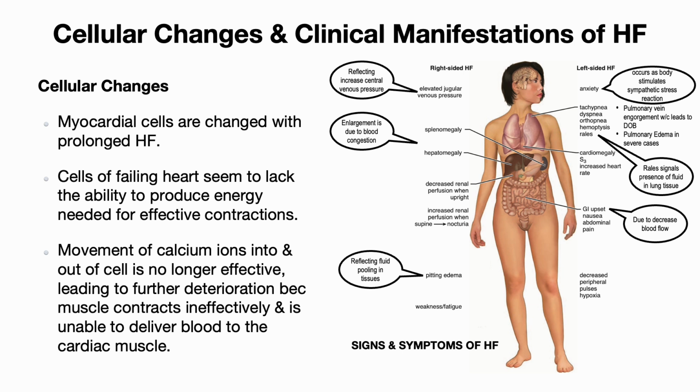With right-sided failure, there is an enlarged liver, or in medical terms hepatomegaly, an enlarged spleen or splenomegaly, decreased blood flow to the gastrointestinal tract, causing feelings of nausea and abdominal pain, swollen legs and feet, and dependent edema in the coccyx or other dependent areas with decreased peripheral pulses and hypoxia of those tissues.